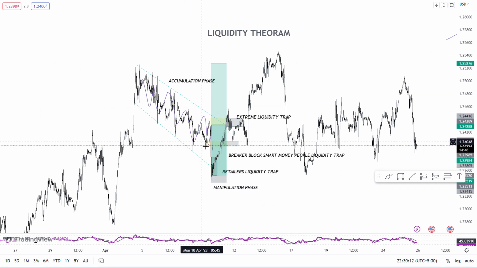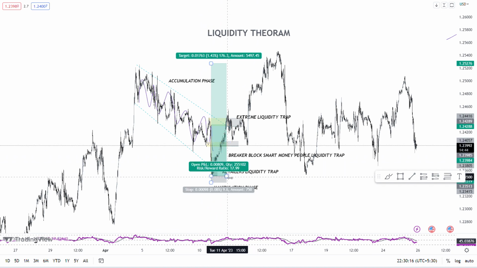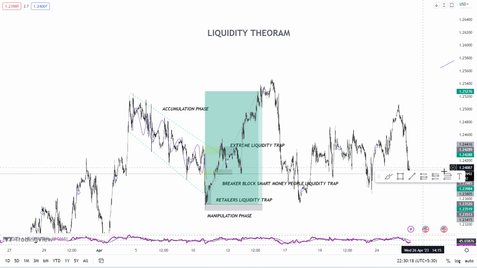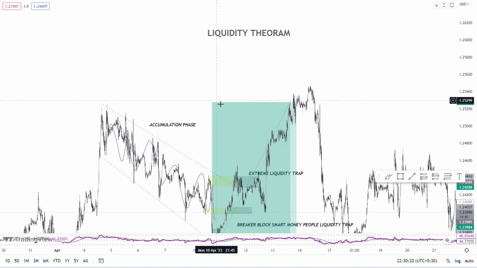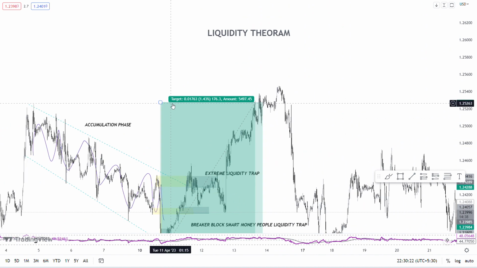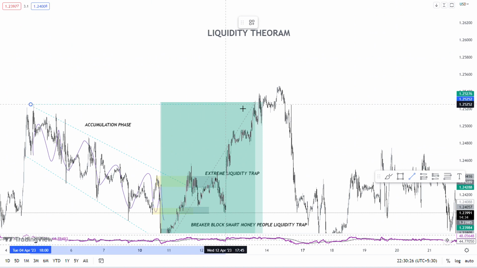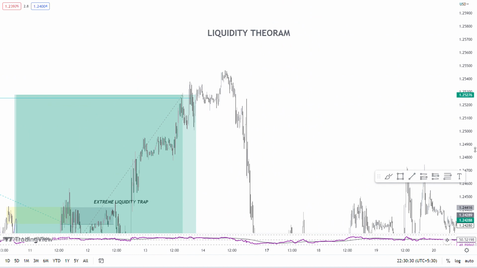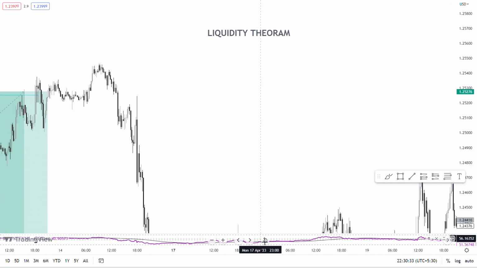The market always moves from one side of the liquidity to the other side of the liquidity. This is what algo traders expect the markets to do. Can you see exactly after taking the buy side liquidity of the chart pattern deception, the market just reverses.